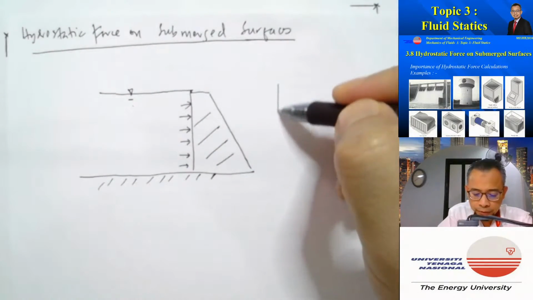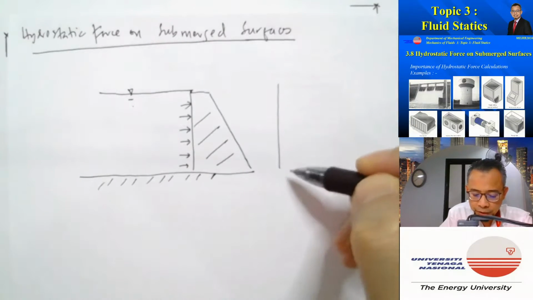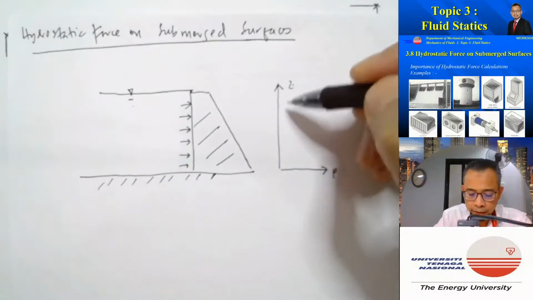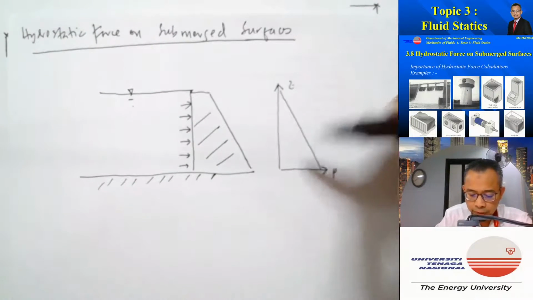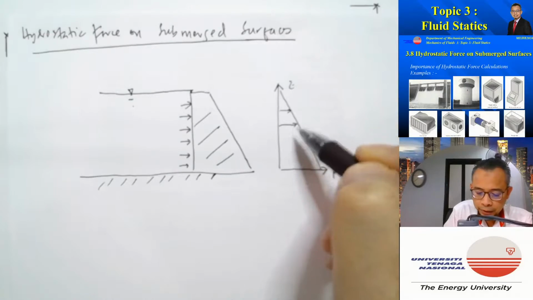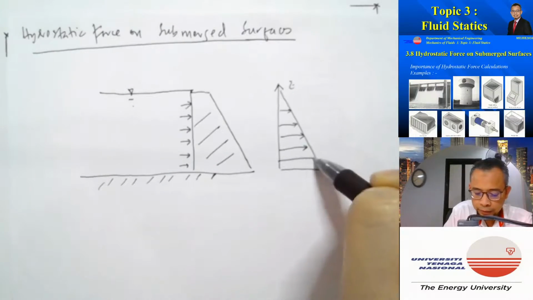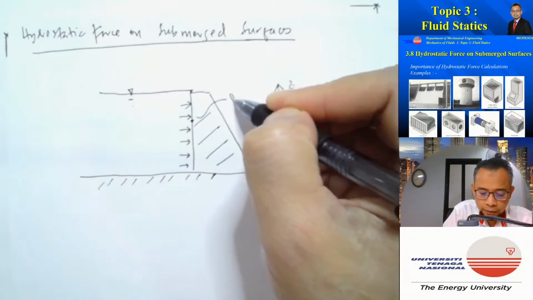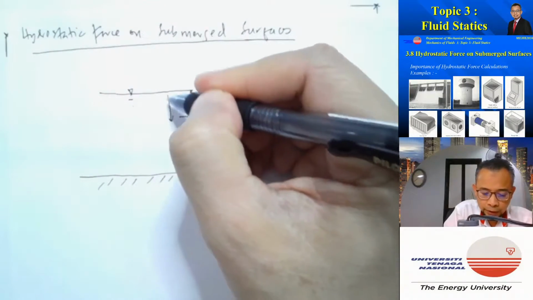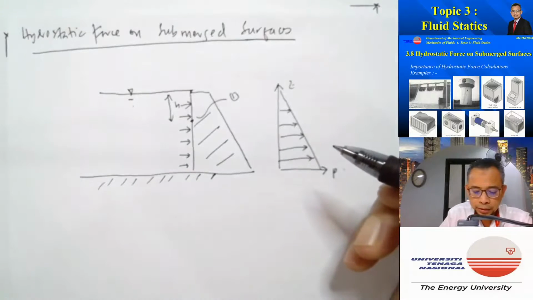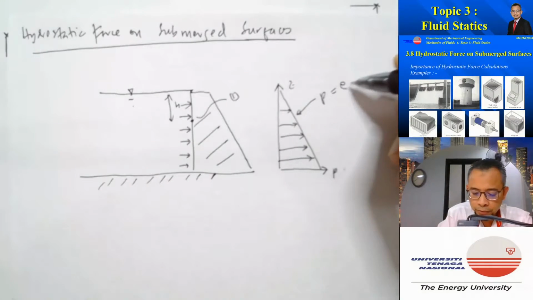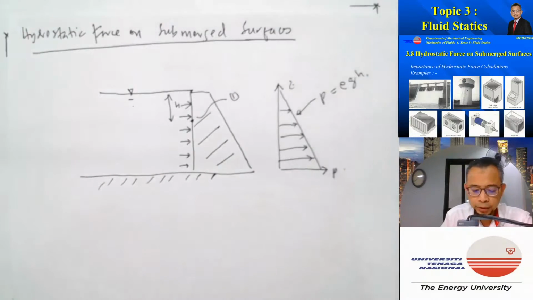And if we plot the pressure variations with Z, we will obtain the distributions like that. So at this point 1 here, whereby the height there is h1, the pressure will be equal to rho g h1.